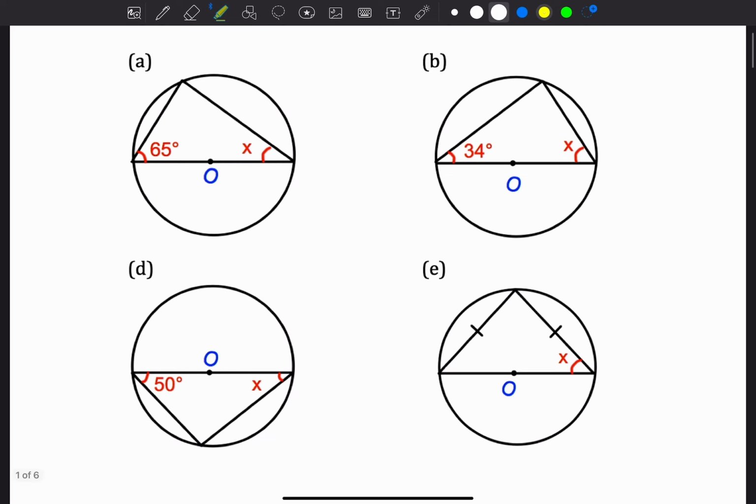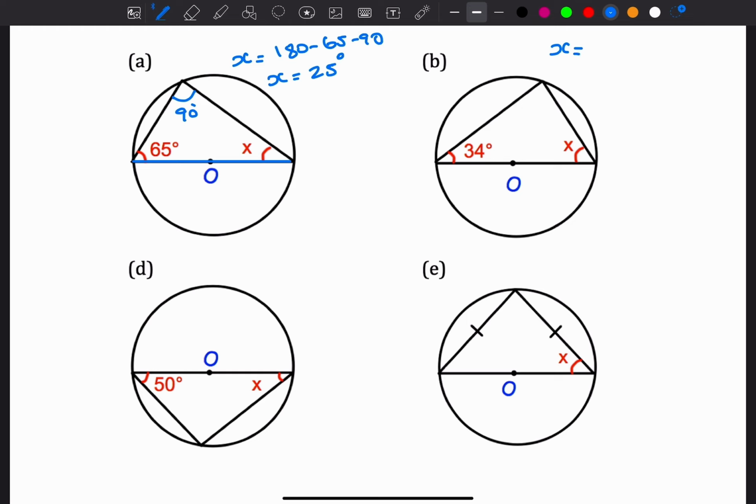If you look at this one, first make sure it's a diameter. It is a diameter, so this angle is 90, and x will be 180 minus 65 minus 90. X will give you 25. Next one, same thing.